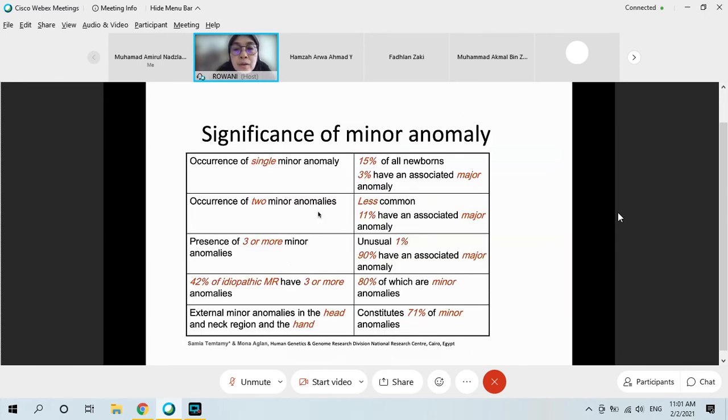However, having a minor birth defect doesn't mean that you shouldn't take things seriously, because having a single minor anomaly has been shown to be associated with major anomalies in 3% of patients, and having two minor anomalies has been associated with major anomalies in 11% of individuals. And 90% of people having three or more minor anomalies will have a major anomaly.